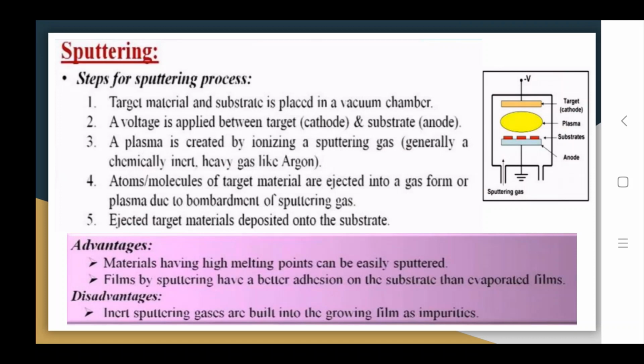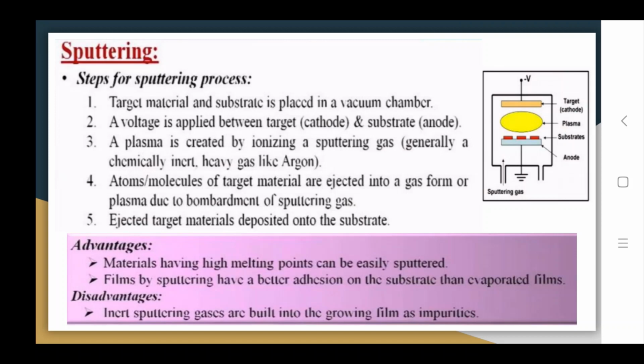So simply, we are putting a certain potential difference between the anode and cathode. Then we are injecting plasma, which comes from argon gas, and that plasma strikes your target material, or the source material.